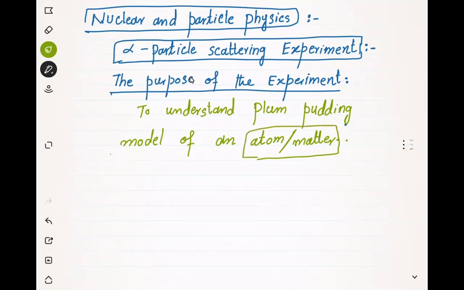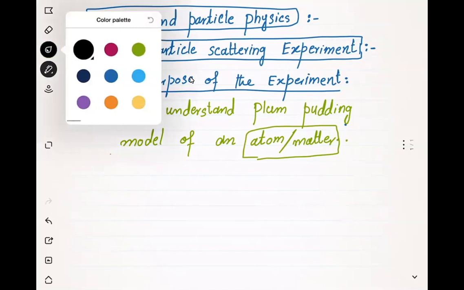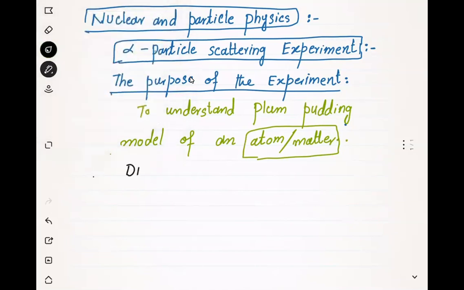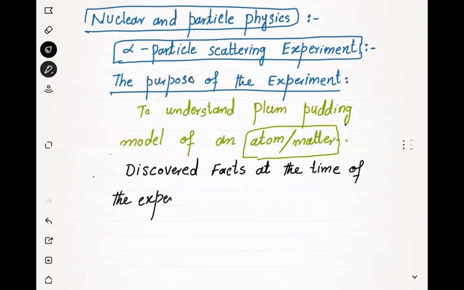Before understanding the plum pudding model, we need to know the facts discovered at the time of the experiment. What were the discovered facts at the time of the experiment? It is important.